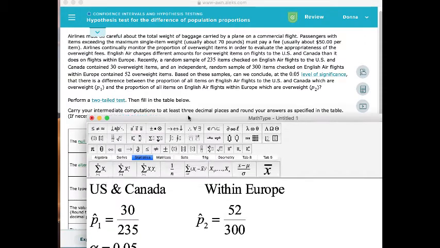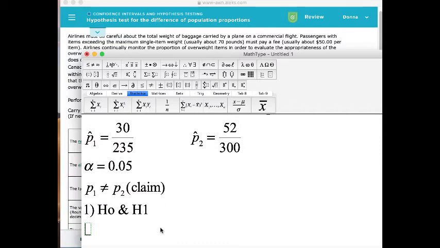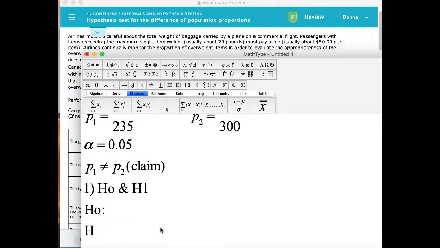Whenever we have different as one of the claims, then we know it's going to be a two-tailed test. We know that H naught always has the equality, so that would be P1 equal to P2. And H1 does not have equality. So H1 would be the second, and that's our claim.